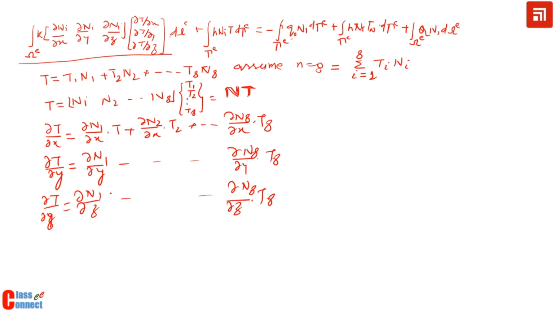So I can write this expression in matrix form as, here we get del T over del X, del T over del Y, del T over del Z, and this is equal to some matrix, and finally we will be connecting these with the nodal temperature.